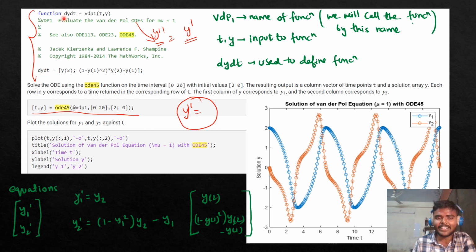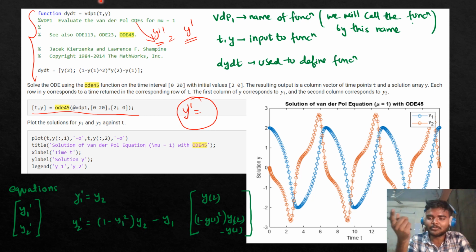So function you will write, and then you will write any name, here VDP1. Here also you can write any name. This particular name will be used to call that function. Let's suppose I have to call this function. I can give you one example. Let's suppose for a particular person I have marked one name, Vikram.